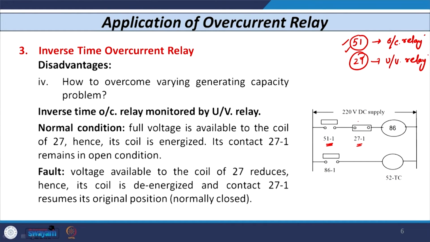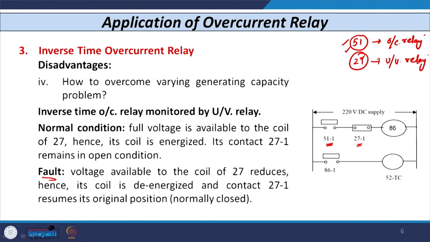Now, in case of fault, the other condition, the 51 relay coil is energized. So, 51 closes. Whenever a fault occurs, the voltage reduces, and when it reduces below some value, the coil of undervoltage relay 27 is de-energized. So, the relay contact of 27 holds its original position, that is normally closed. 51 closes, and 27 is already closed.